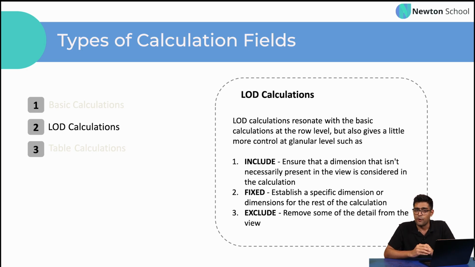It's part of a continent called Asia. Asia is part of the world, right? Indian average might be higher than the Asian average or lower than the Asian average. Asian average might be higher than the world average or lower than the world average. The level of detail is very different. You keep on moving up from India to the continent to the world, or you keep on moving down.